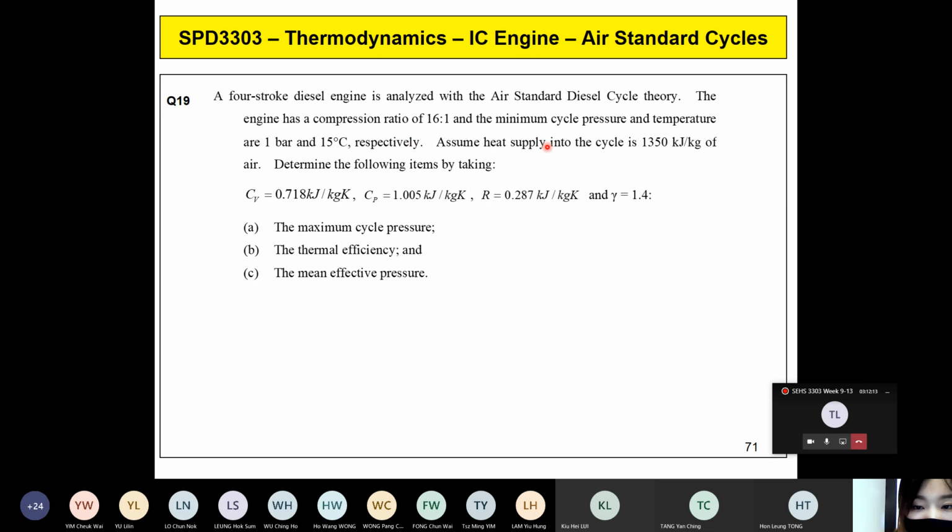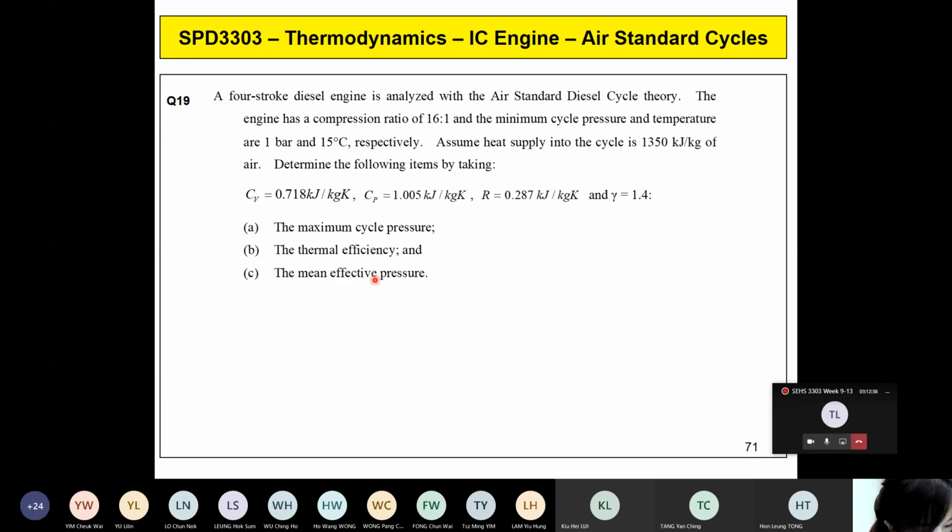Assume the heat supply into the cycle is 1,350 kilojoules per kg of air. Determine the following: the maximum cycle pressure, the thermal efficiency, and the mean effective pressure.